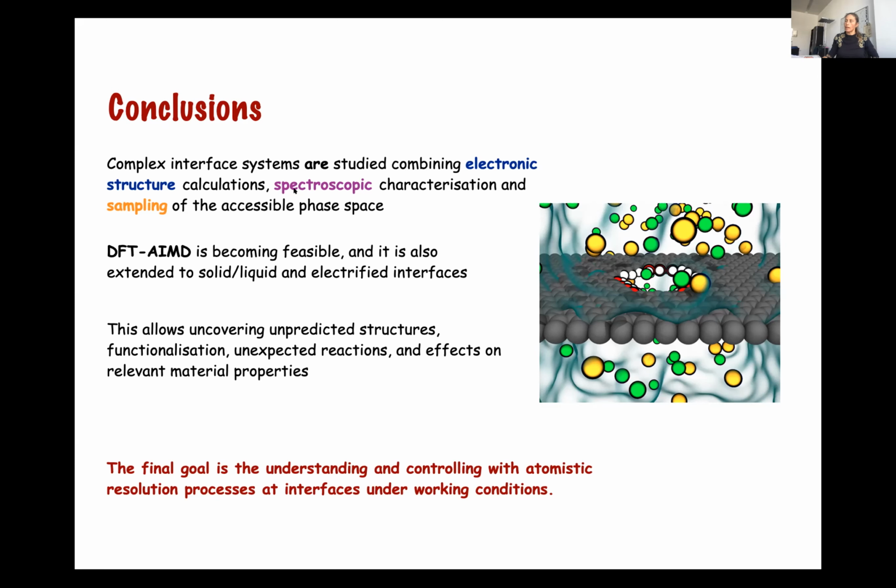The experiments are moving more and more towards a good resolution of the interfaces, and they need tools to interpret the experimental observation. Very important for us is sampling. So I showed a couple of different tools that we use for sampling and improving our understanding of the phase space.